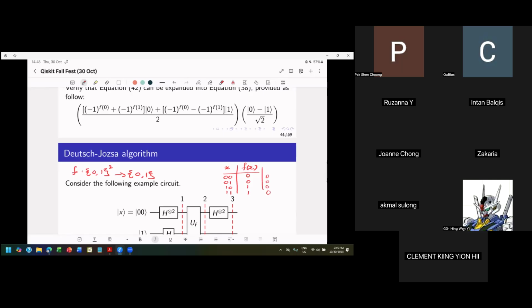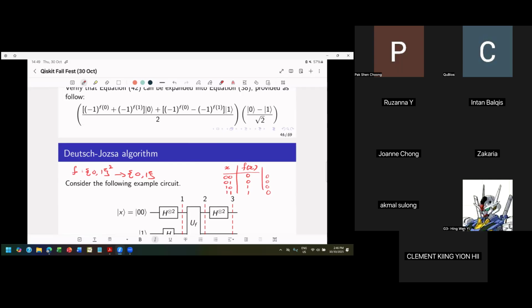So for this specific example, n equals 2, if it is a classical algorithm, how many times should I call the function to know whether or not this is a constant or balanced function? One time. Four times. Four. Three. Why three? Why four? You can verify whether it's a constant function.